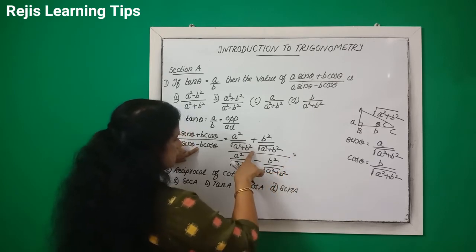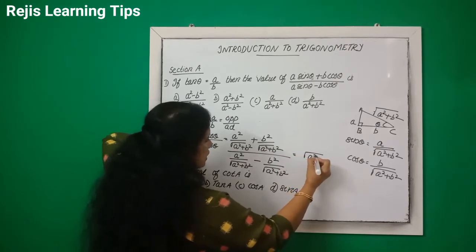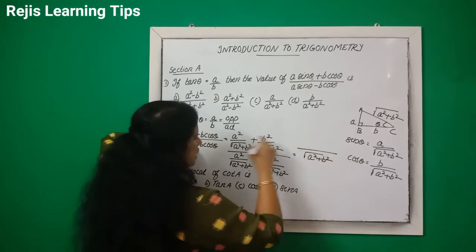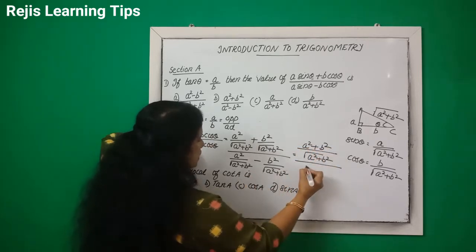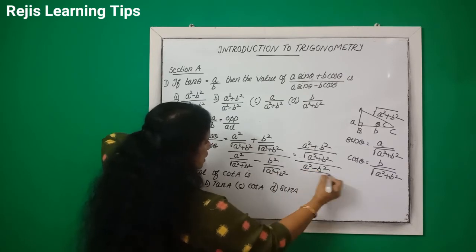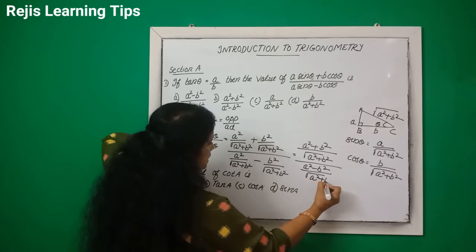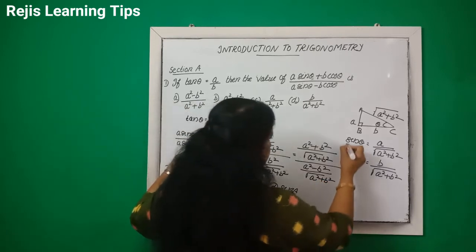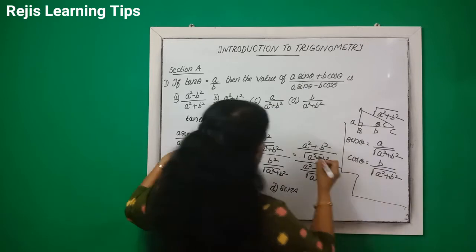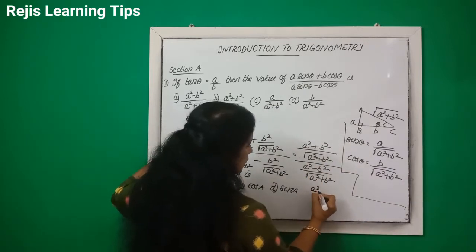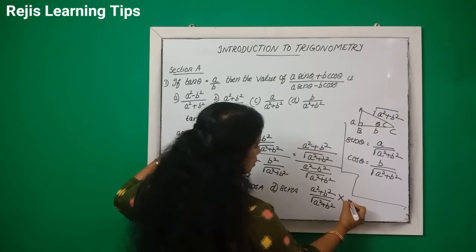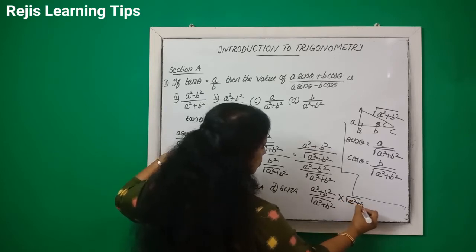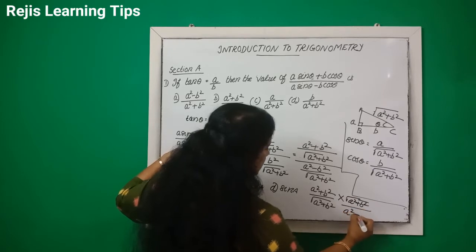So we have to take LCM, that is root of A square plus B square. Then here A square plus B square divided by, here also we have to take LCM, A square minus B square divided by root of A square plus B square, that is equal to A square plus B square divided by root of A square plus B square, into root of A square plus B square divided by A square minus B square.